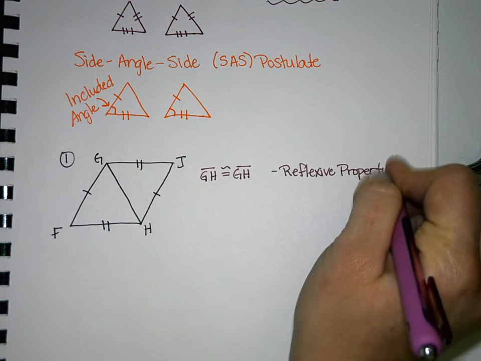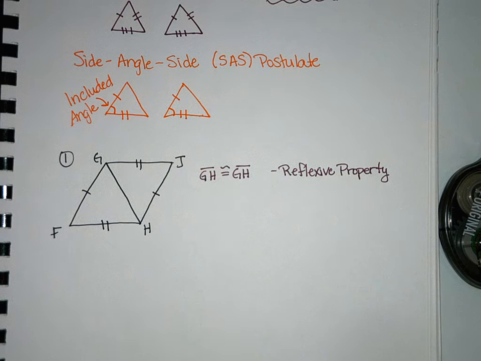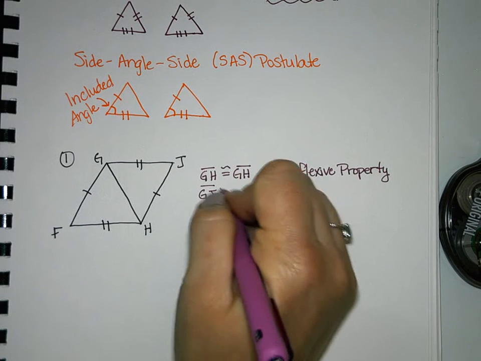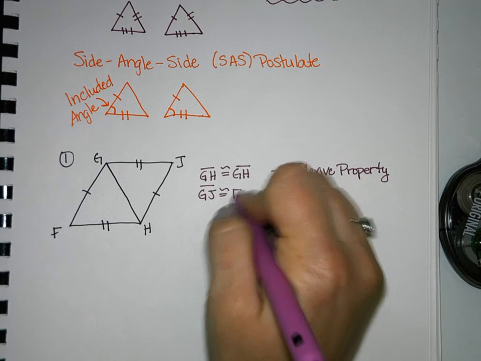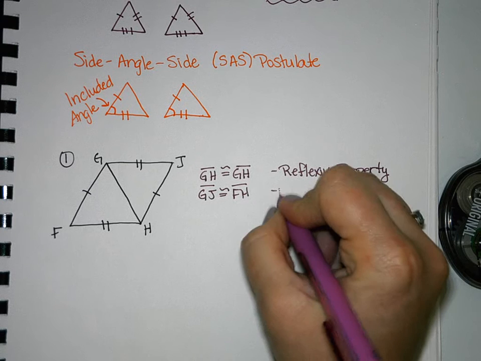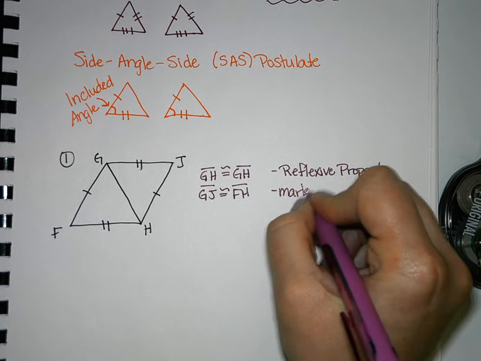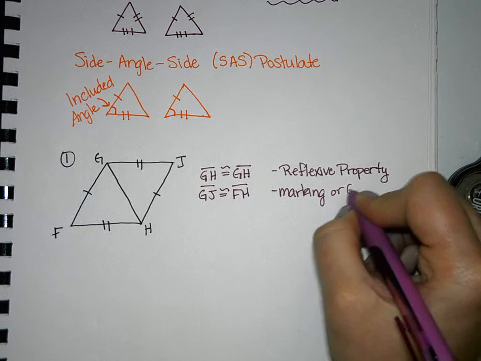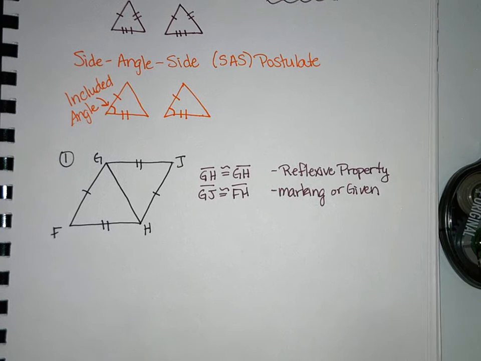What else do we know from the picture? GJ and FH. And we knew that because of the markings, right? We can also say that it was given to us in the picture. Okay, what else do we know based on the picture?